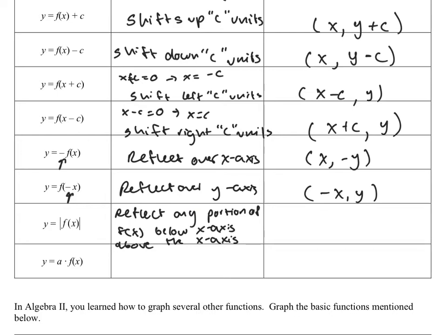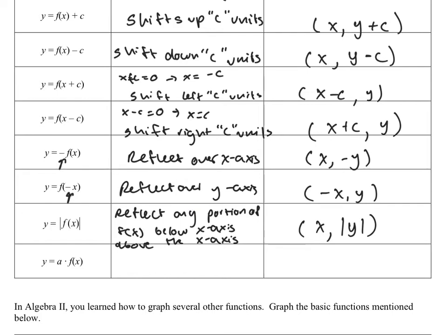So basically what that's saying is we will not have any negative y values, okay? And we'll look more into that in this unit. But what that means is x, absolute value of y, okay? So our y values will always be positive.